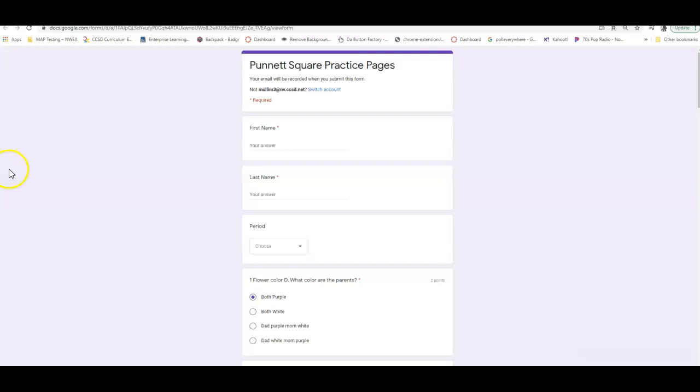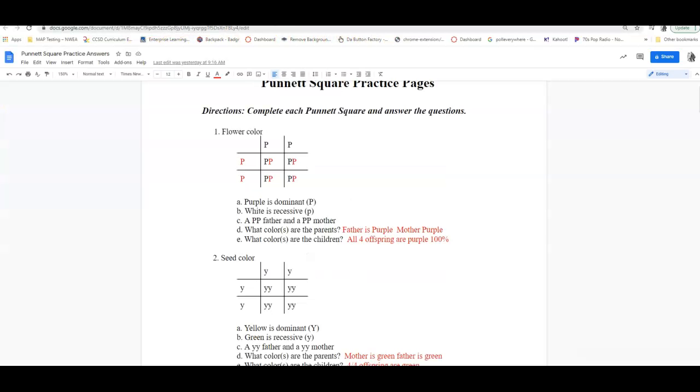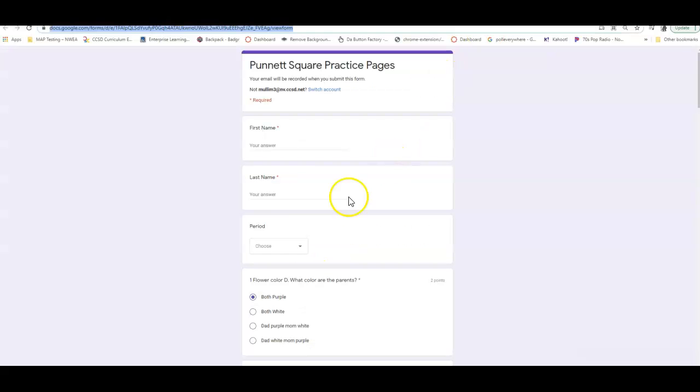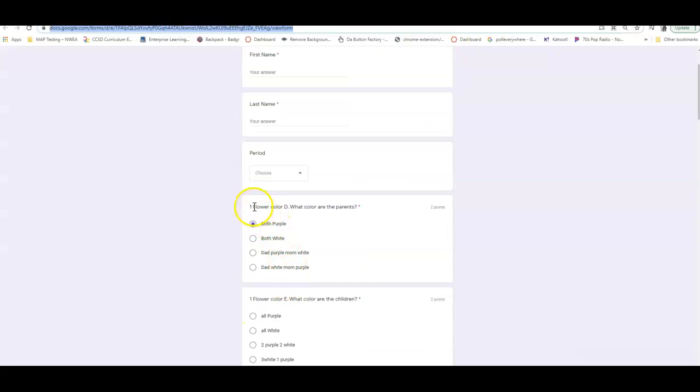So what you're going to do is come to your Punnett Square practice, and the questions down here, where we'll color the parents and the children, are going to be the questions that are right here. So this is number 1, question D, what are the parents?